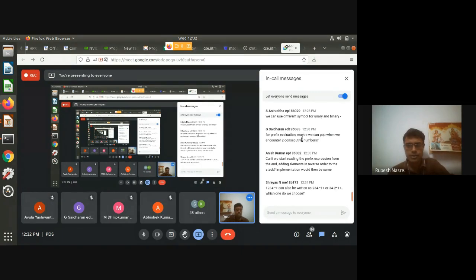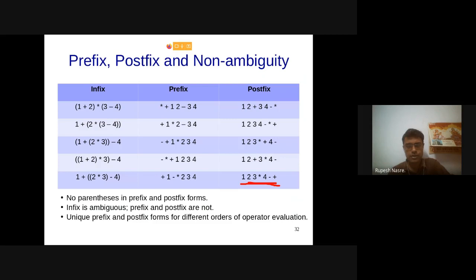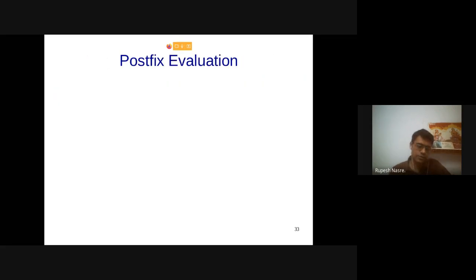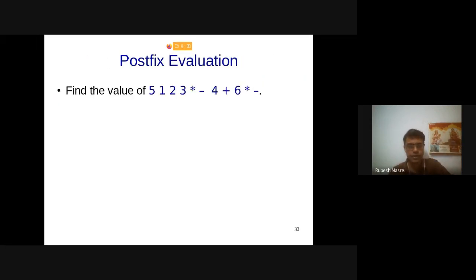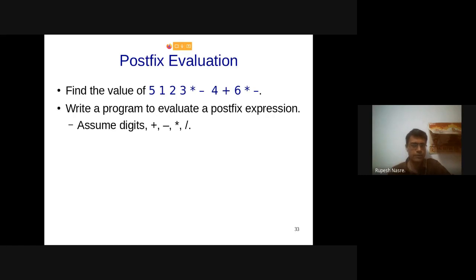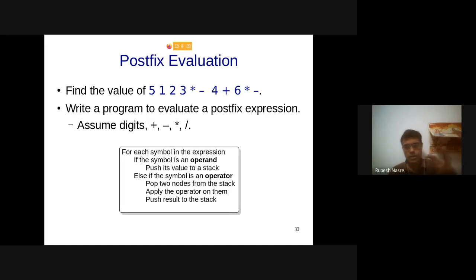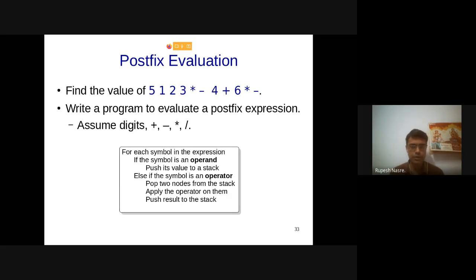Alrighty. So let's get back to postfix evaluation. This is the algorithm that you have given, and that was our classwork. The algorithm is: for each symbol in the expression, left to right, if the symbol is an operand, push its value to the stack. If it is an operator, then pop the two values because these are binary operators, apply the operator and push the result to the stack.